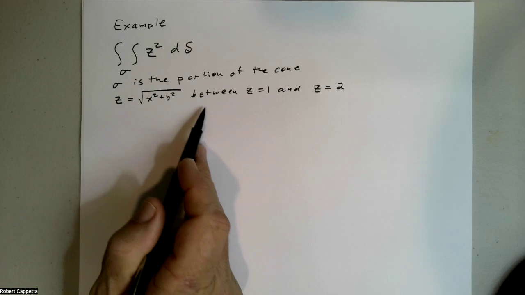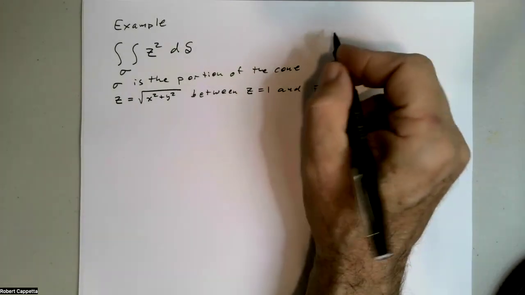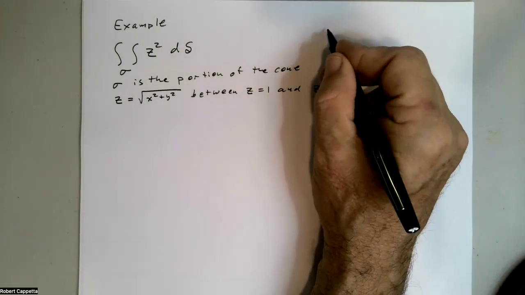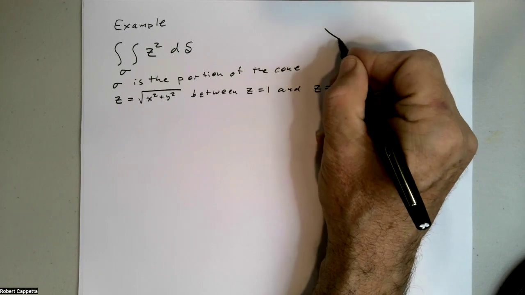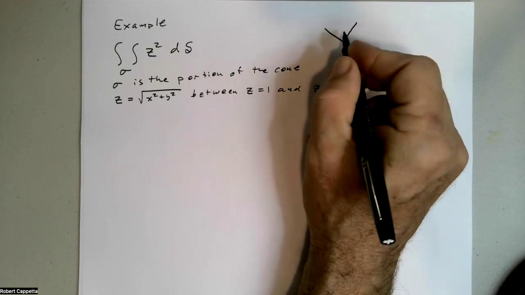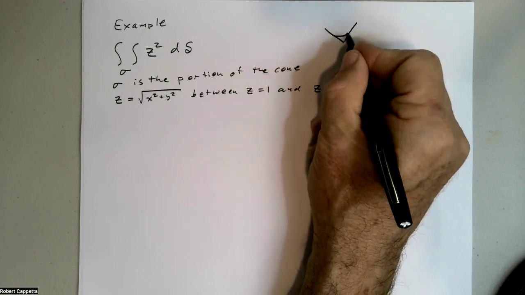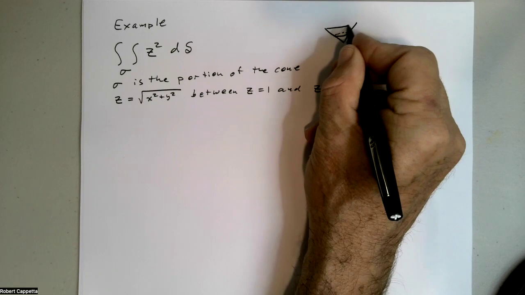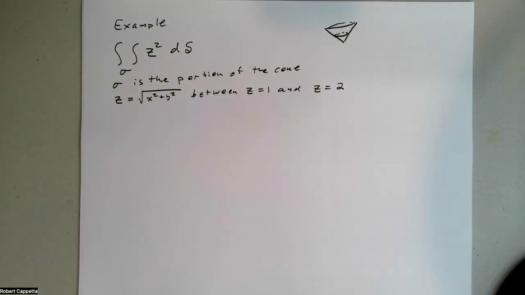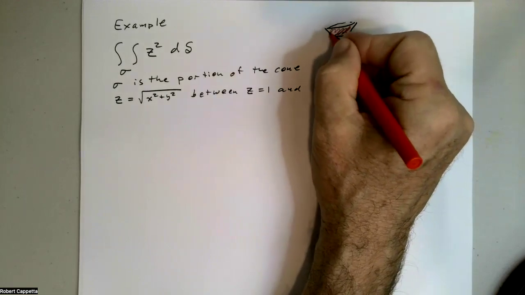Now, this is a portion of this cone. If we look at this cone, it's going to look something like this. But I only want the portion of the cone between z equals 1 and z equals 2. So I'm looking at this portion of the cone, which I'll highlight here in red.